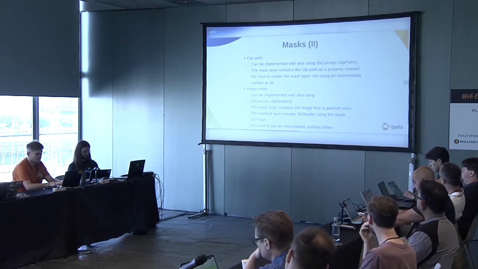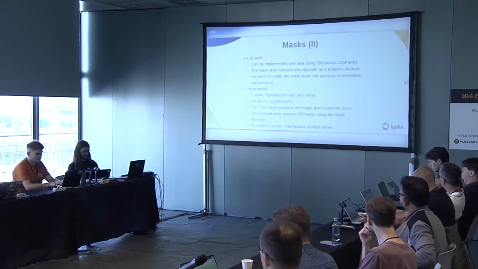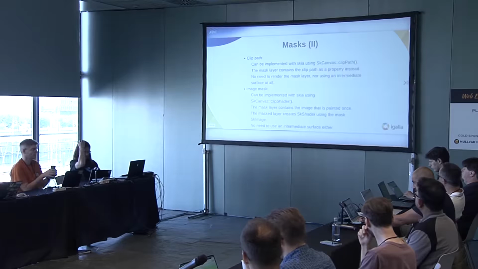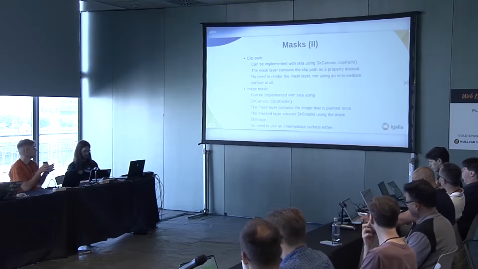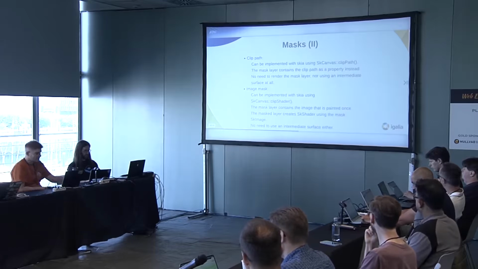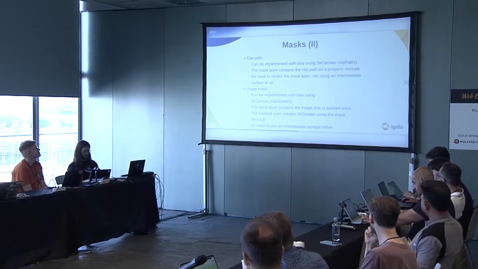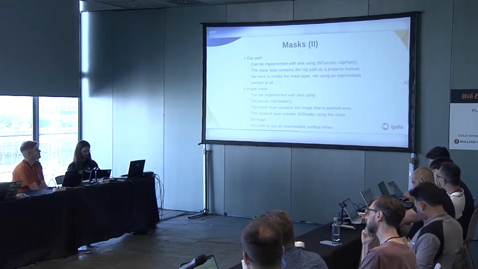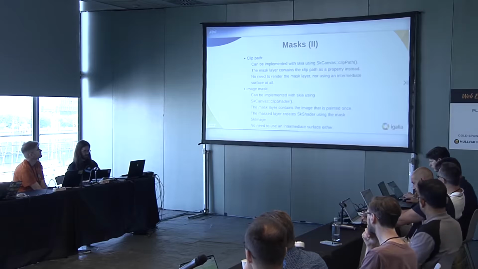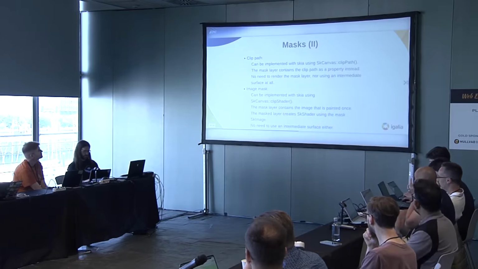Now we only need to paint the mask once, and every time we paint the layer, we reuse the cached mask image to create a shader that we can pass to the clip shader API. Again, we don't need to use an intermediate surface, but we also don't need to paint the mask on every repaint. And the mask is applied using clip shader instead of painting the image on top of the layer contents, which is a lot more efficient again.